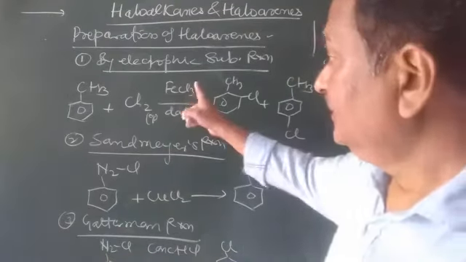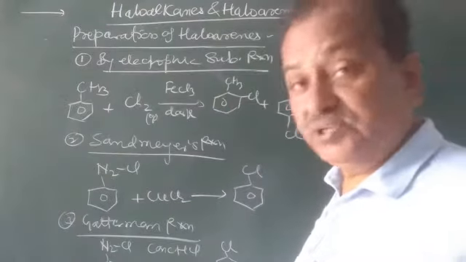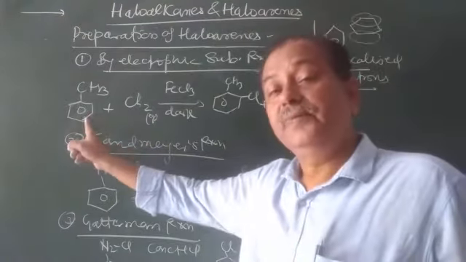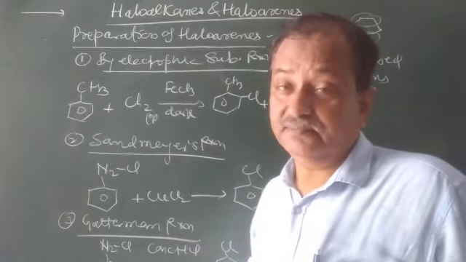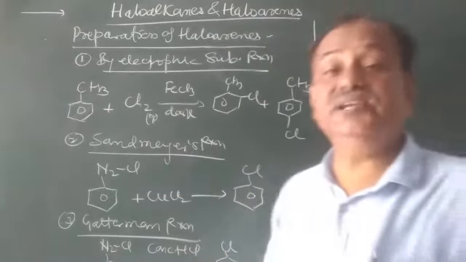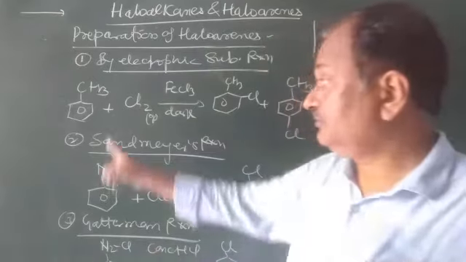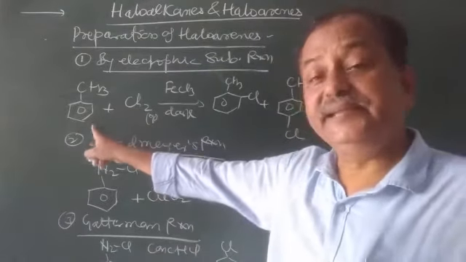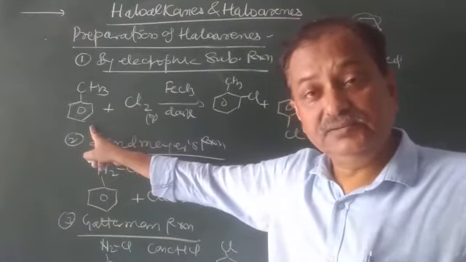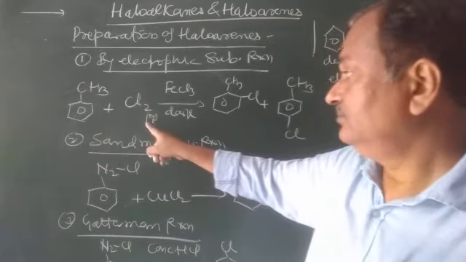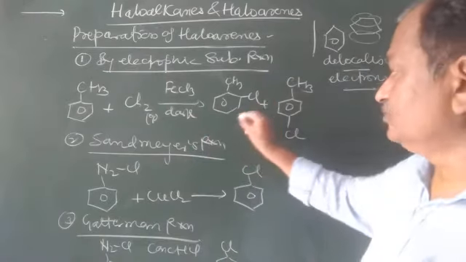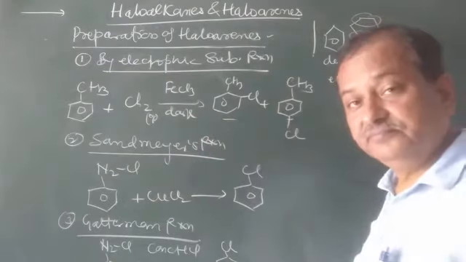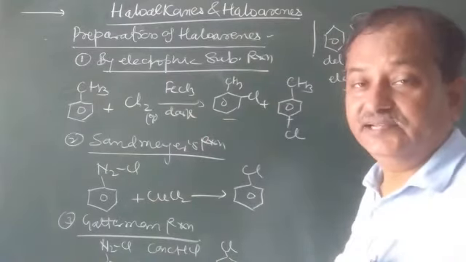So direct halogenation is not possible due to this. First we take any alkyl benzene, and then there is the addition of halogen, FeCl3, dark, and so we have this product.